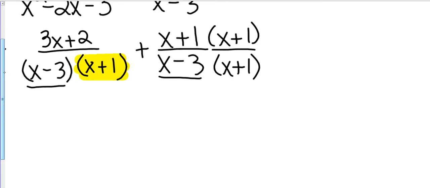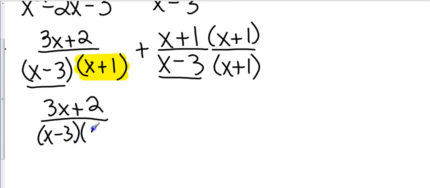And so here, nothing changes except the fact that I don't have my pen on. This stays x minus 3 over x plus 1. Now, this will change over here. Oh, that shouldn't be an equal sign. Excuse me. Should be a plus sign.